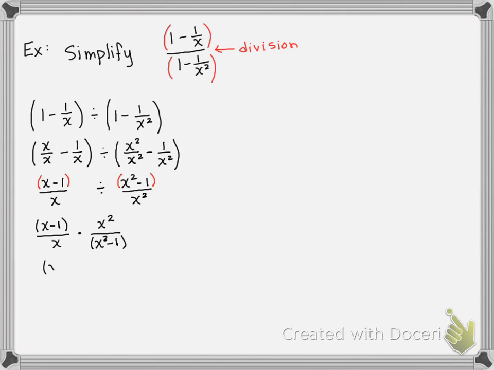So we have x minus 1 times x squared over x times x minus 1 times x plus 1. And that's just the factorization of x squared minus 1. So I'm going to cancel an x minus 1, and I'm going to cancel one factor of x. So I end up with a single factor of x in the numerator, and then x plus 1 in the denominator.